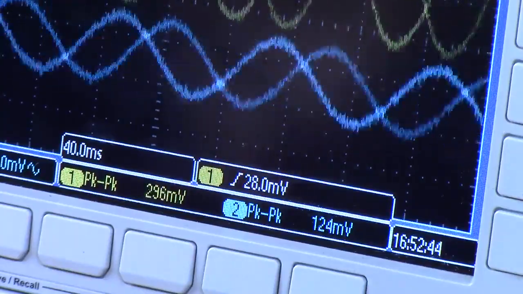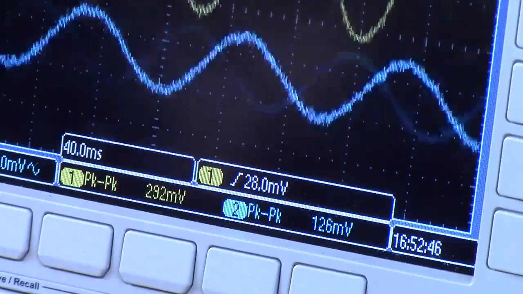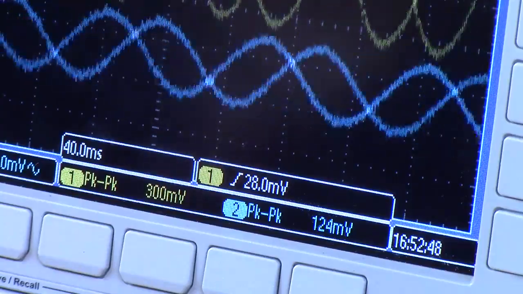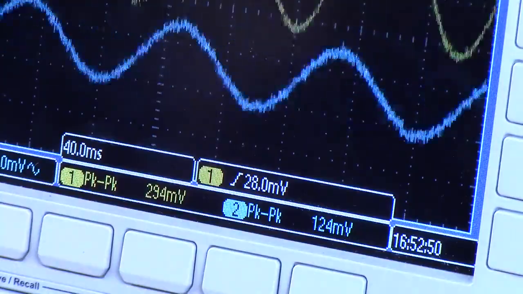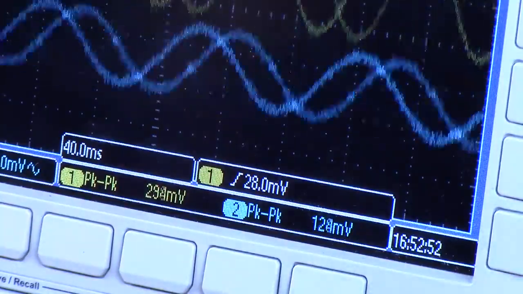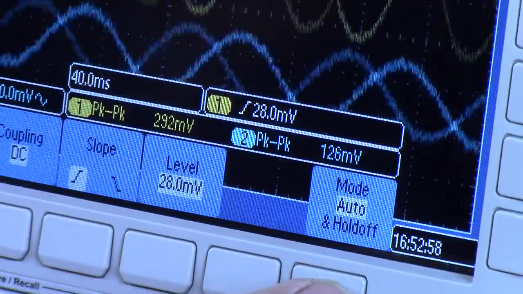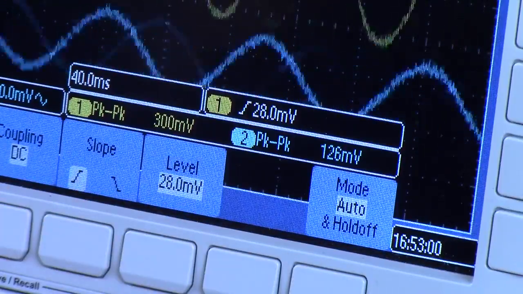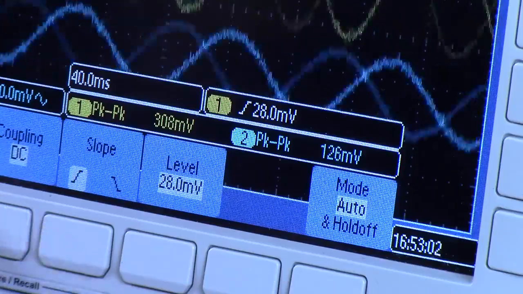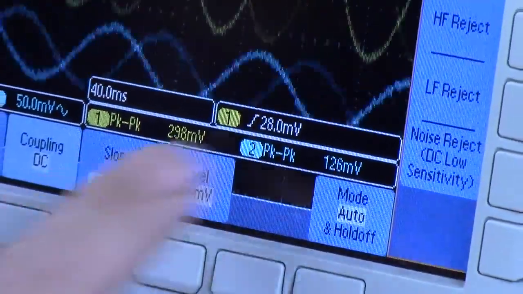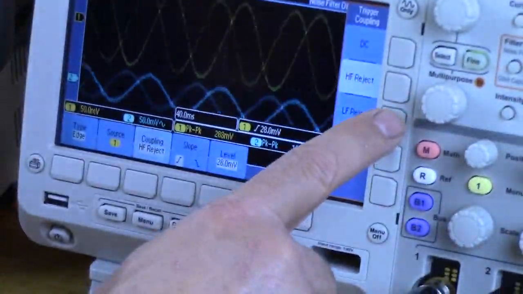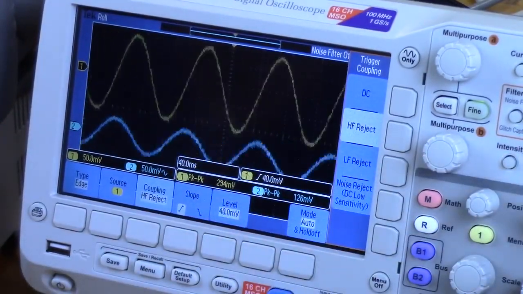Okay, I mean, we can measure these waveforms as they are, but they're noisy. It won't be very reliable. So there are some options in the trigger menu. Oh, we can actually do storage as well. But let's do trigger. Let's see if that makes a difference.